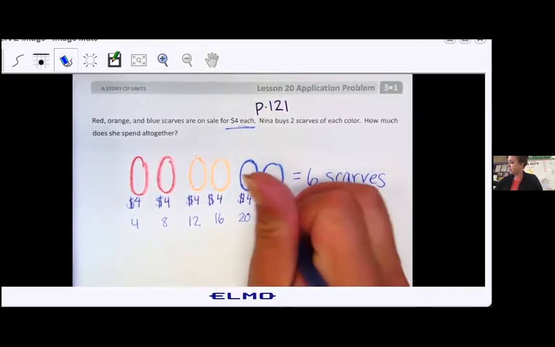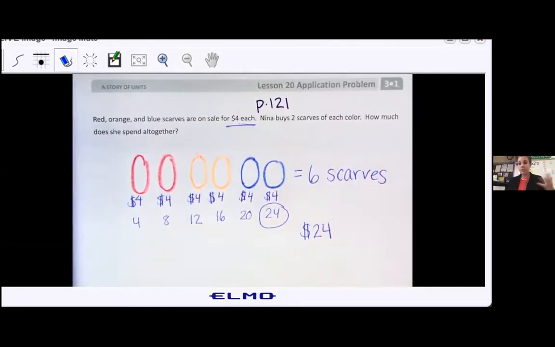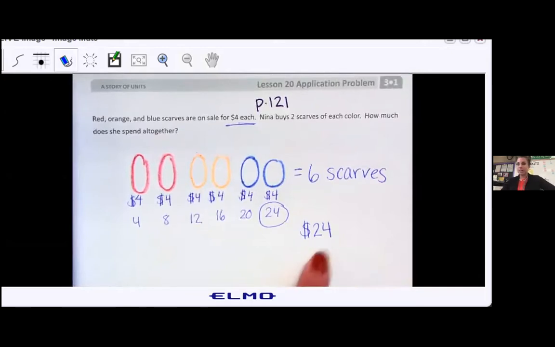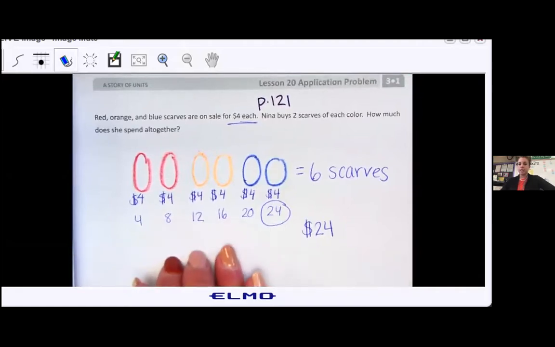That means that she spent $24. Now, if you have another picture and you still got the right answer, keep that picture. If you got a different answer, take the time to draw this out. If you need to pause the video to do that, you can.